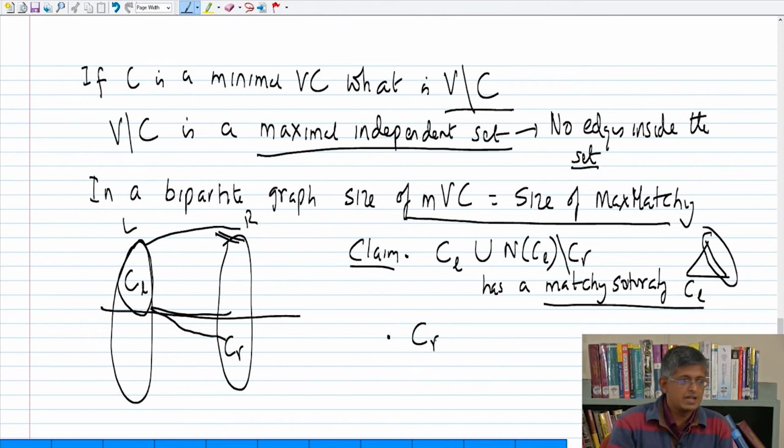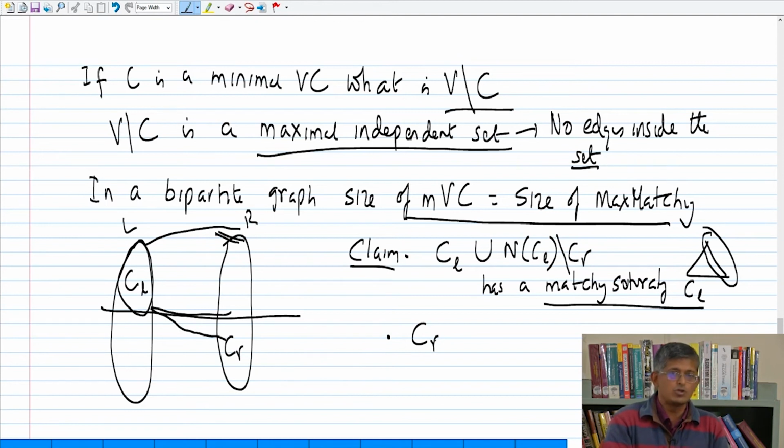If you look at C_R, look at the neighbors. Where are the neighbors? They are on the left hand side. Look at those neighbors of C_R which are not inside the vertex cover. I am going to claim that there is going to be a matching which saturates C_R also.